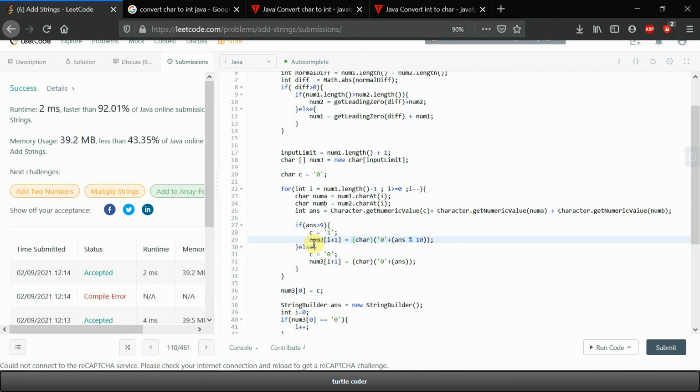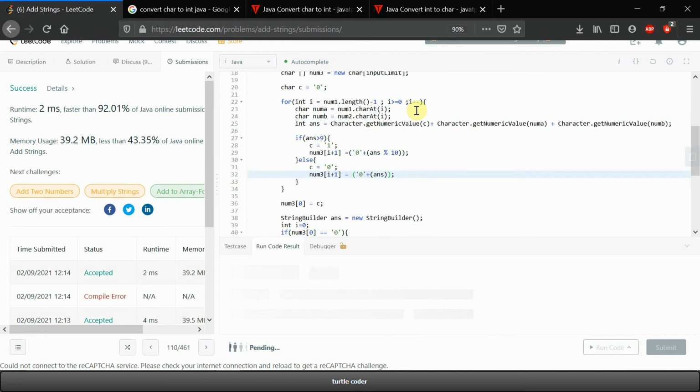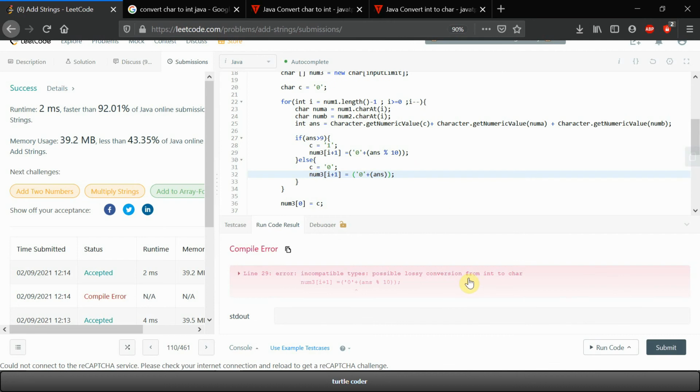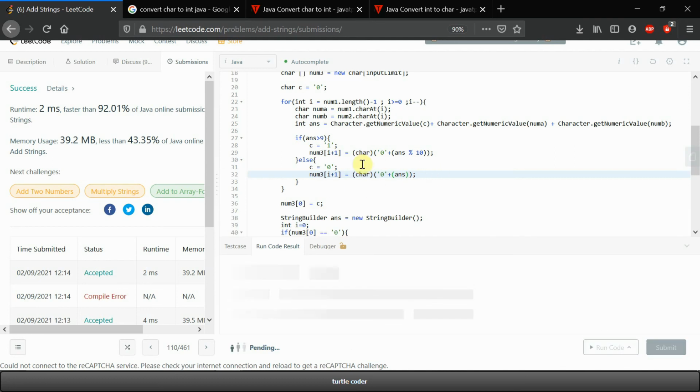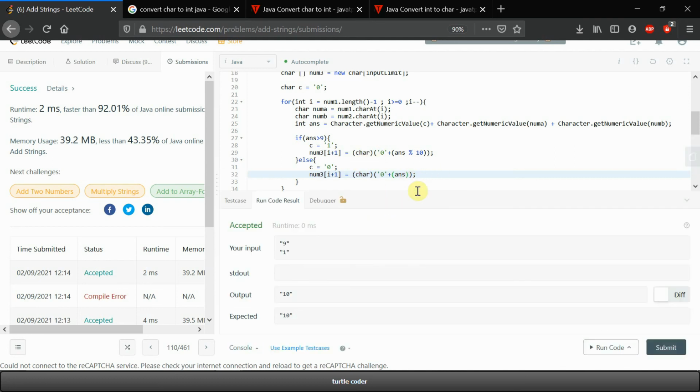So if you try to assign a character, you can give integer value to it, and you should always try to make the conversion to character before assigning the values. If I don't do it that way and I try to run it, I think it won't work now. So let's try to see. It won't work because it's a possible lossy conversion from int to char. So always try to convert your integer values to character values, then it would work.